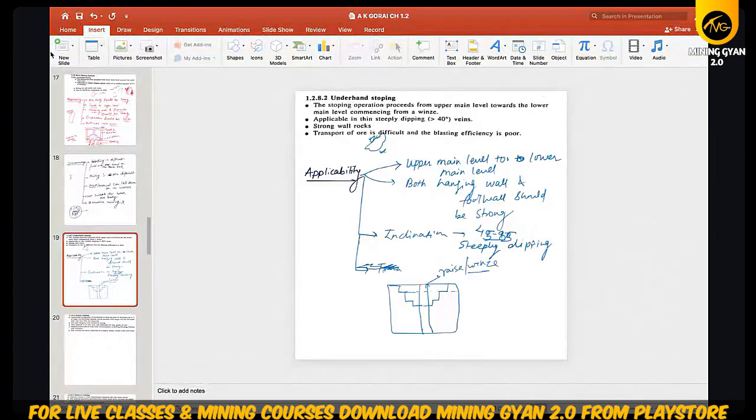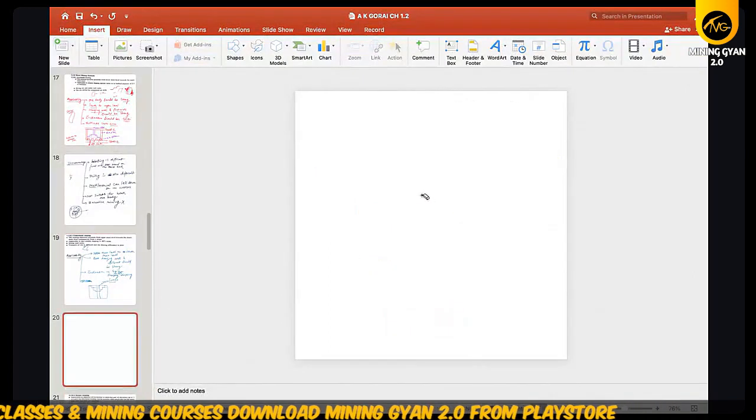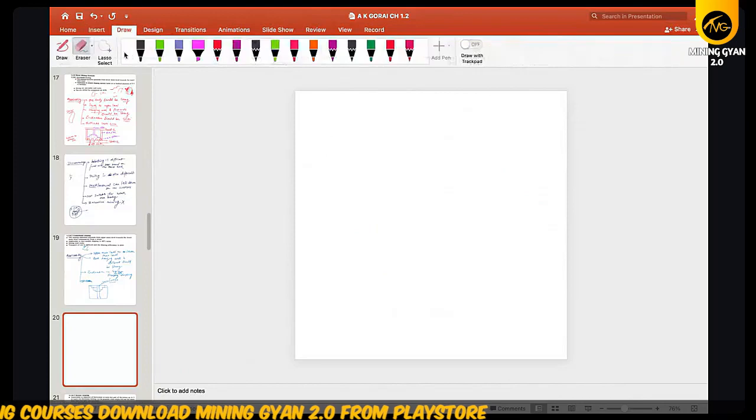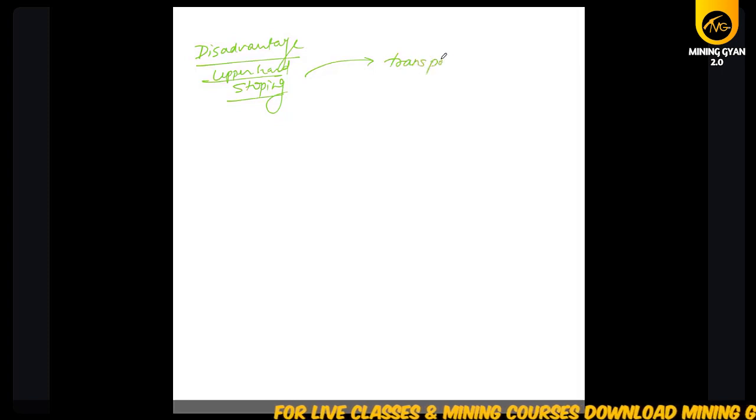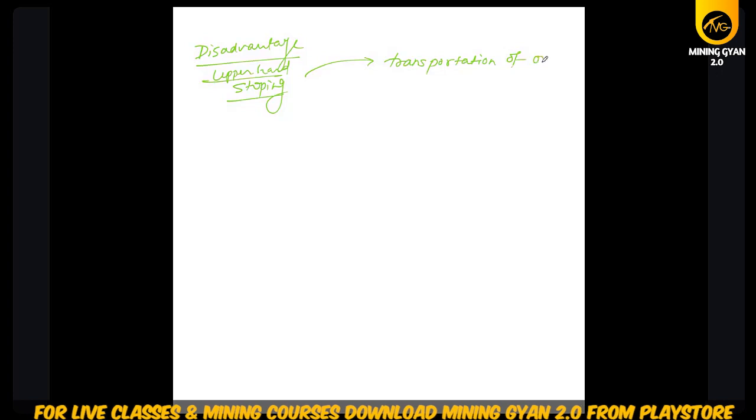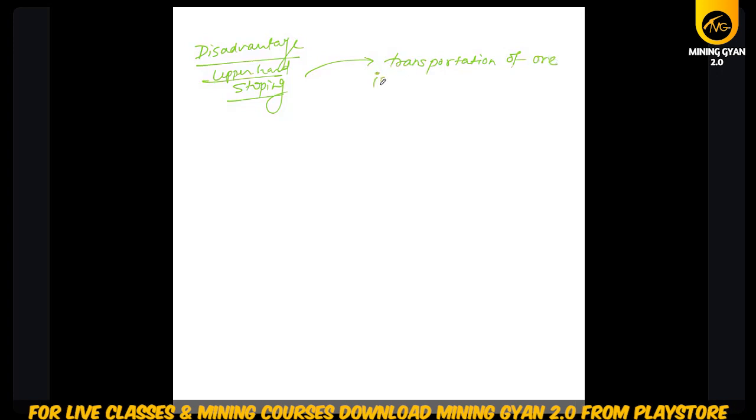First, let me discuss a few disadvantages of this method. Disadvantages of the underhand stoping method. So first disadvantage is transportation of ore is difficult.